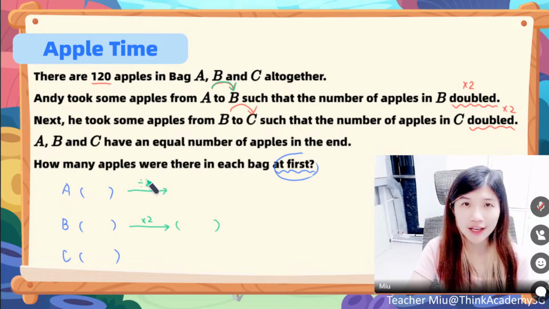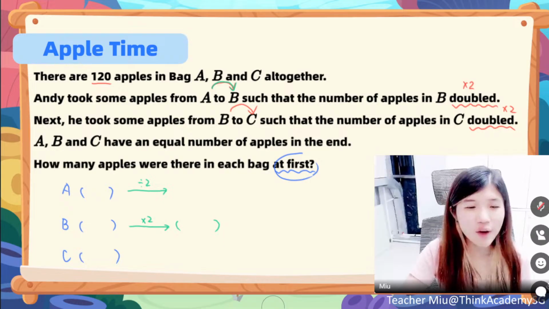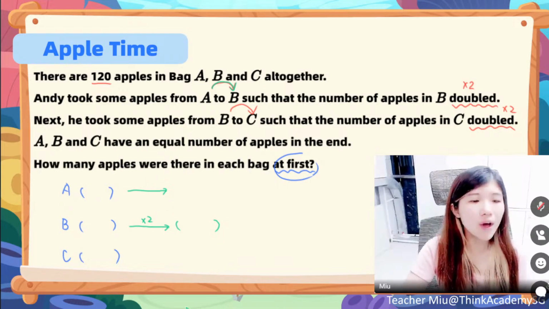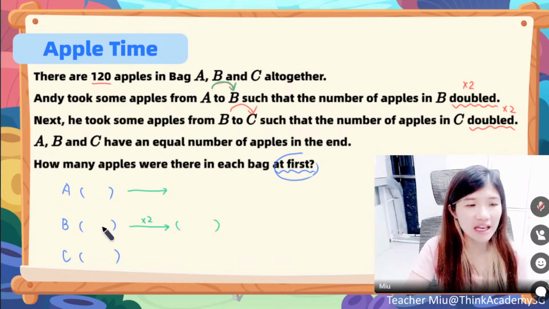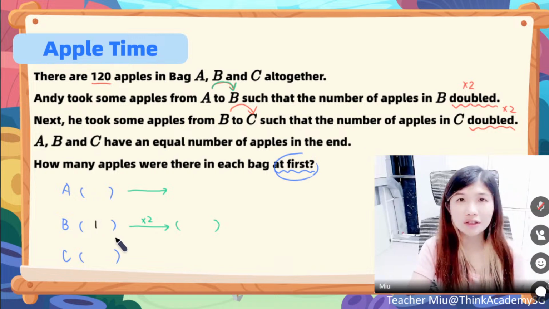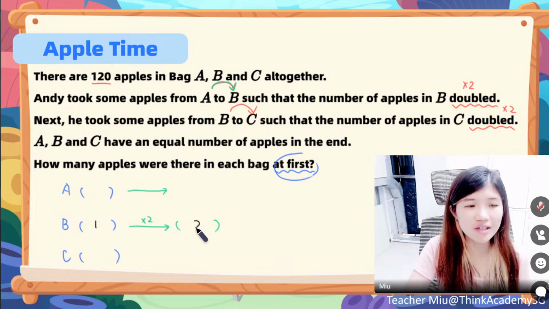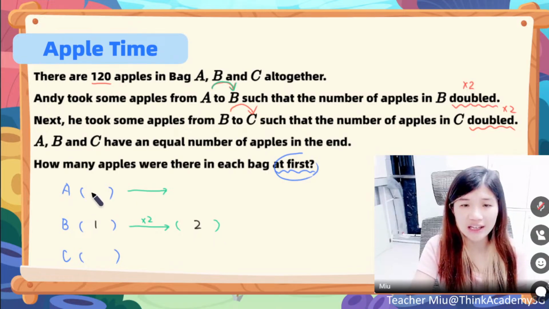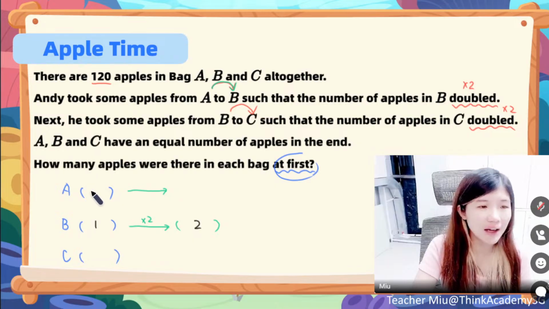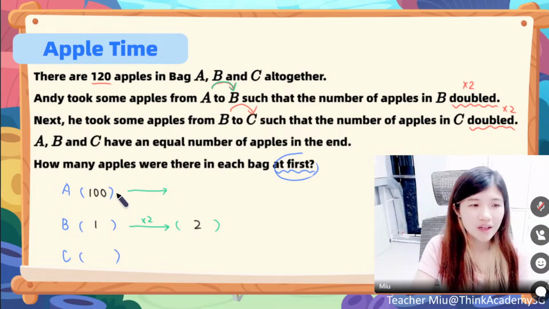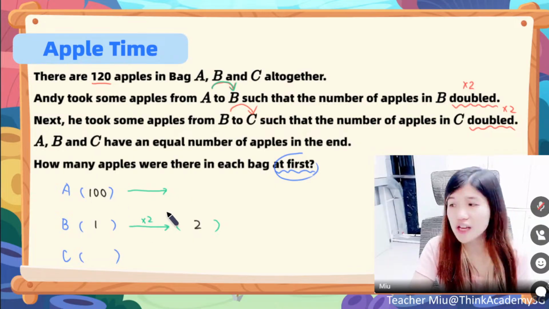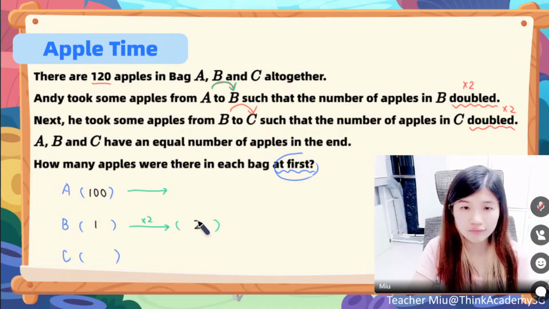No way. I give you a very important example. What if at the very beginning, B only got one apple? You double it, then actually you only have 2, right? What if at the very beginning A got 100? How many apples is he giving B to make it double?